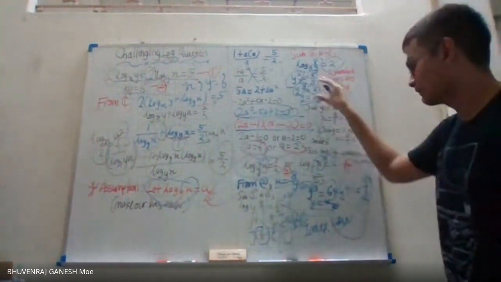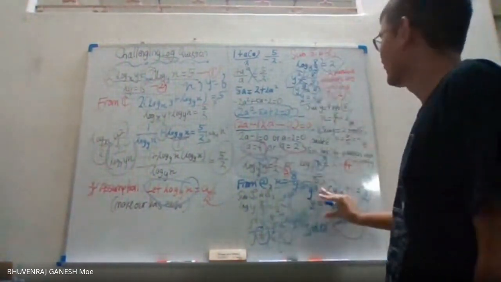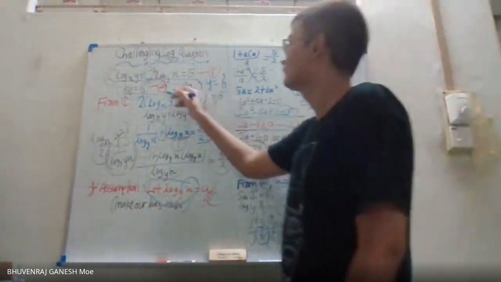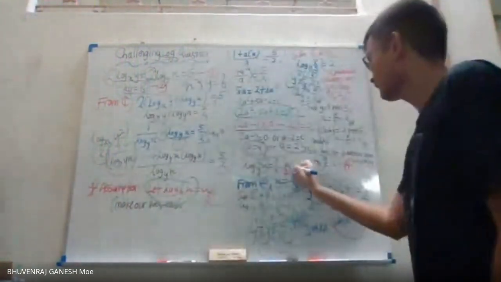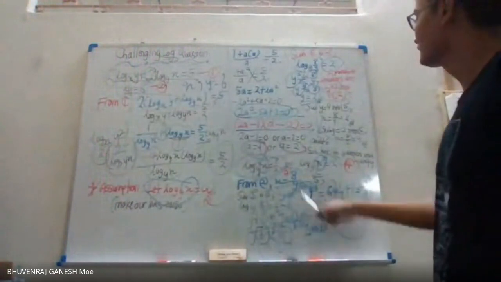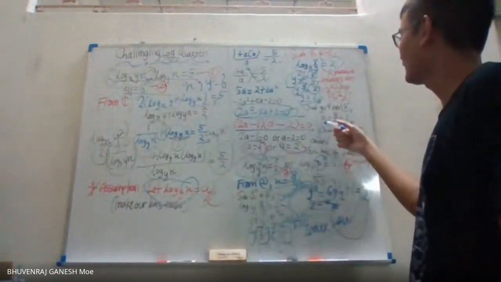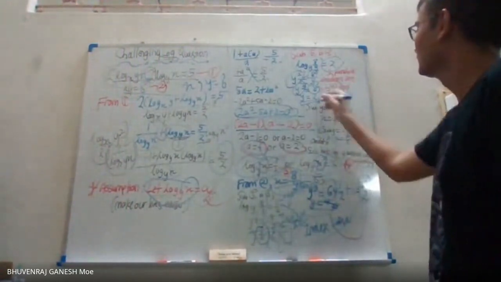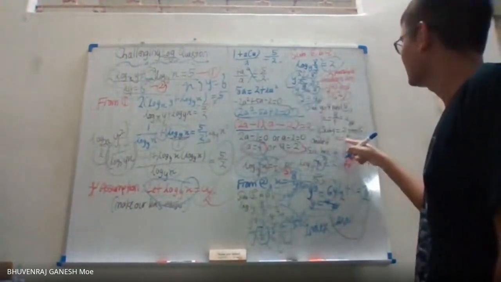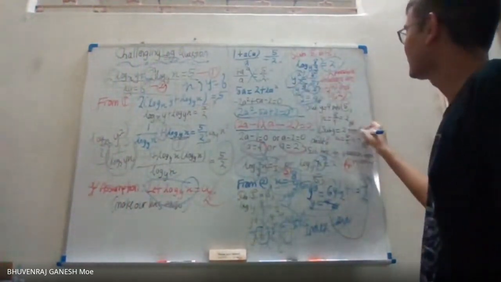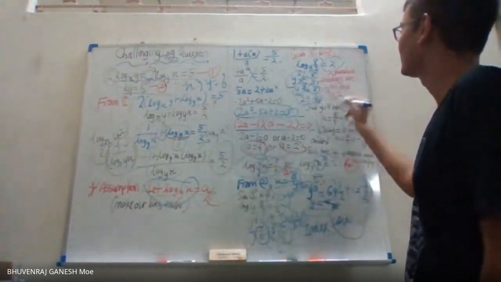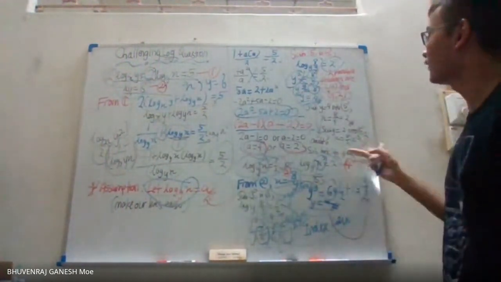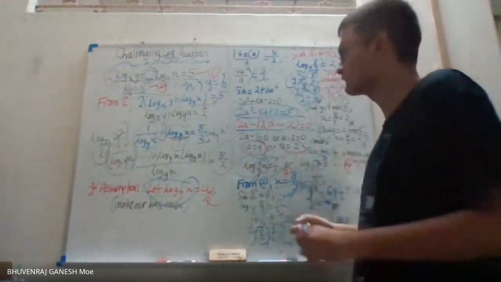And then with these two values of y, you substitute them into this equation, x equals 8 over y. So sub y is 4, x is 8 over 4, which is 2. And then sub y equals 2, x equals 8 over 2, which is 4. So here you will find there are two possible pairs of solutions, which are 2, 4 and 4, 2, an inverse of each other.